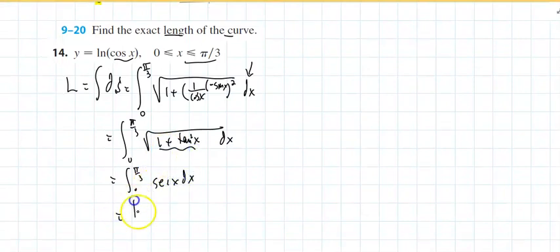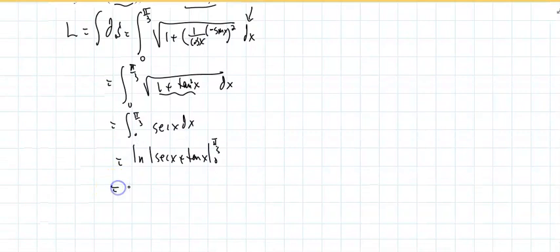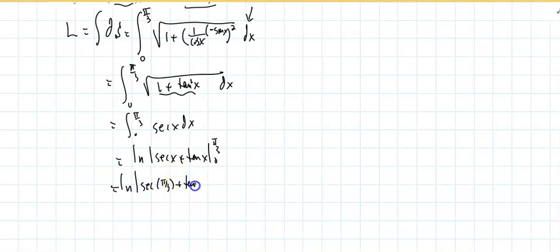And we agreed that you're going to memorize 3 integrals for me. One of them is this. And that would be natural log of secant of pi over 3 plus tangent of pi over 3, minus secant of 0 plus tan of 0.